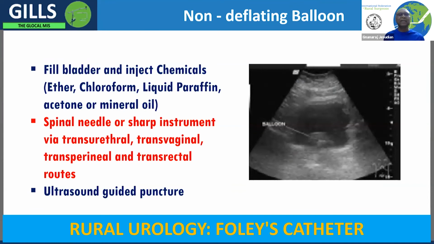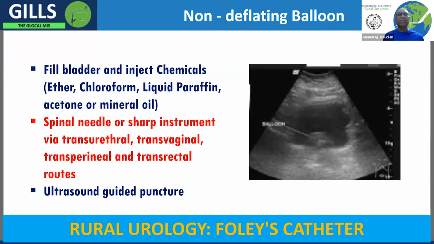Of these, ether is probably the most effective, but it can irritate the bladder quite a bit. So before you inject any of these, especially ether, make sure that the bladder is full so that the irritant effect is much less, because once the balloon bursts, the ether will get into the bladder.